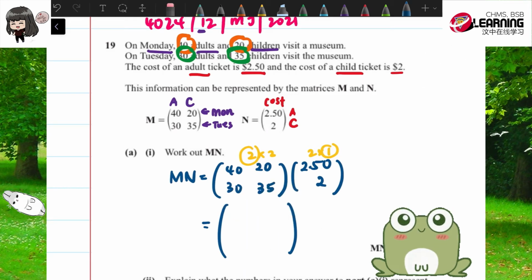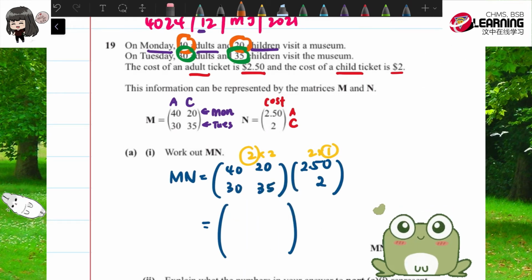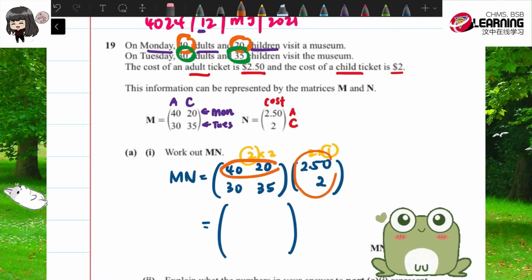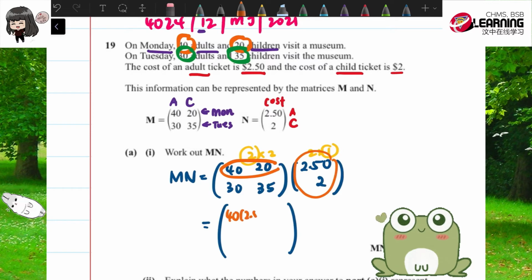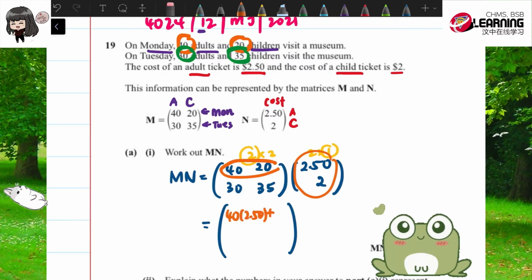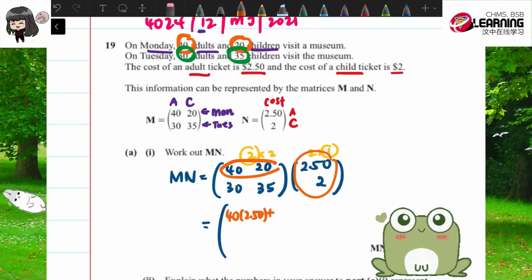So the first row with the first column will be 40 times 2.50 plus 20 times 2.